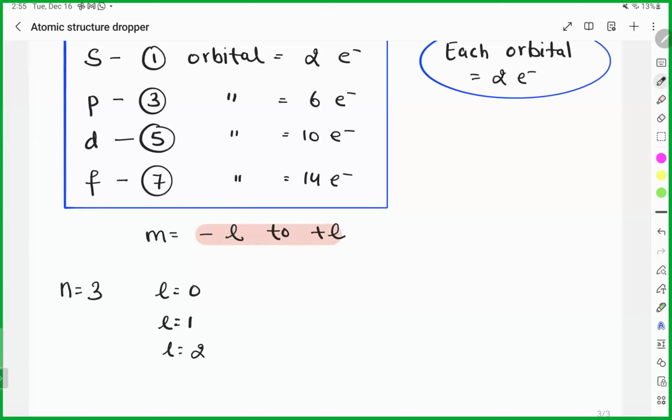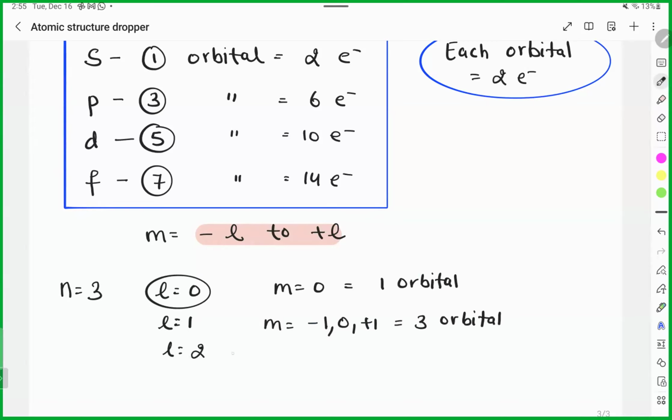Correct? Example, if l value is 0, then what will be the m value? Only 0. It means 1 orbital. If l value is 1, m has 3 possibilities. It could be minus 1, 0 and plus 1. How many orbitals are there? 3.